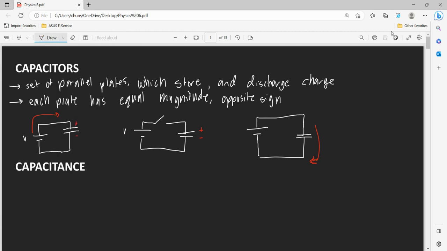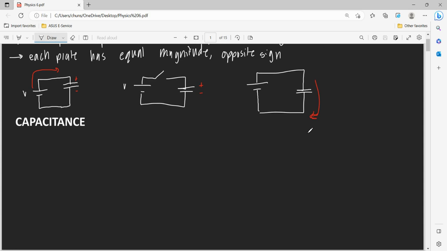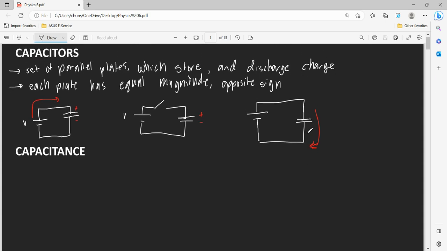So there's a new equation that we're going to introduce for capacitance. This is basically just the capacity of a capacitor, so its ability to hold charge. And it's going to be a constant ratio for a certain system, right?